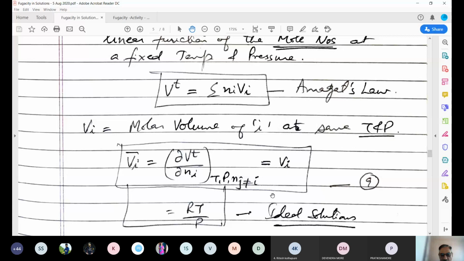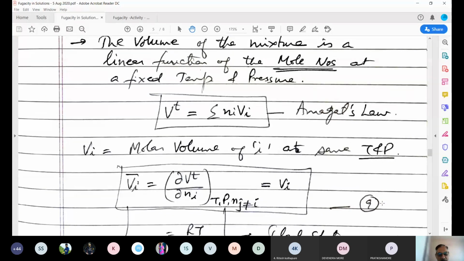Okay? Any doubts on equation 9? In the problem we did earlier, we saw that partial molar volume was different from molar volume. That is why there was a reduction in volume. Here what we are saying is, if there is no change in volume, that can happen only when the partial molar volume is equal to molar volume.